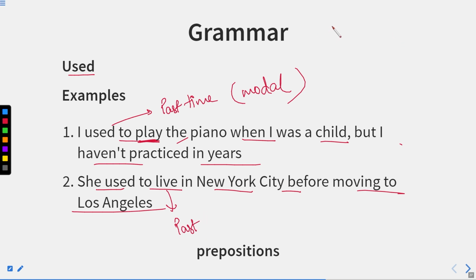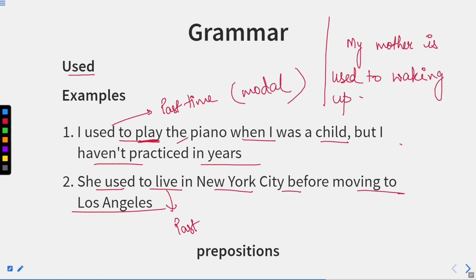Now, one more sentence we can have over here. My mother is used to waking up early in the morning.